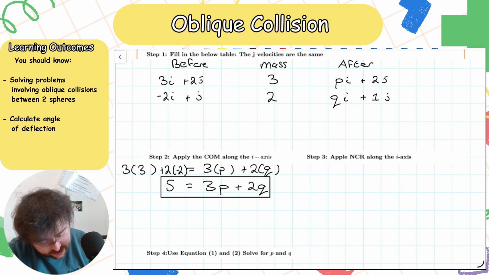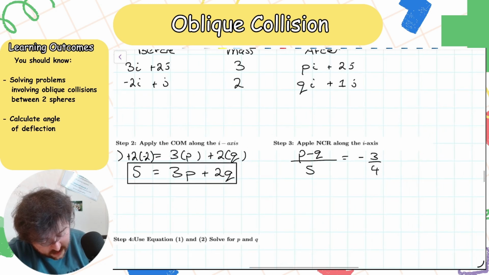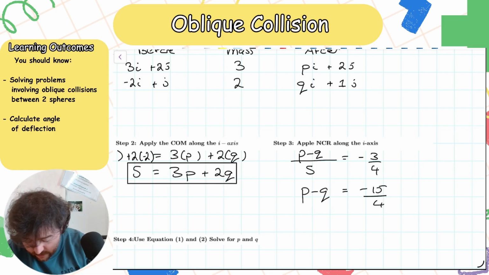Then my second equation is applying Newton's coefficient of restitution. So it's p minus q all over 3 minus negative 2, so it'll be 5, is equal to minus e, which is minus 3/4. Multiply across by 5, and I'm left with p minus q is equal to minus 15 over 4.